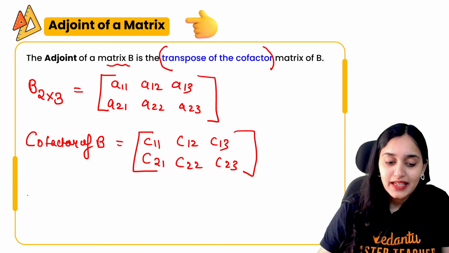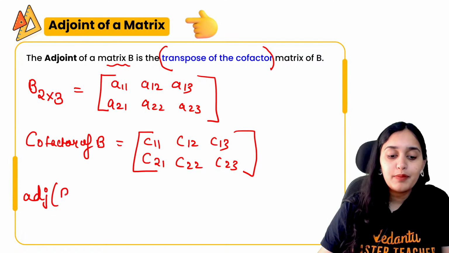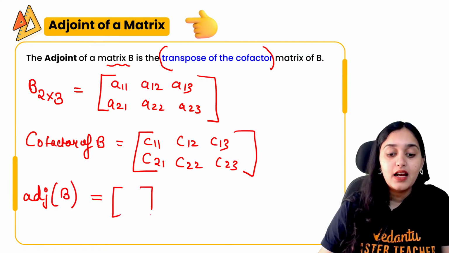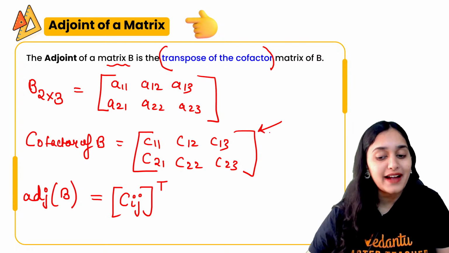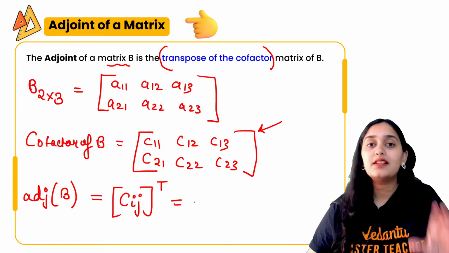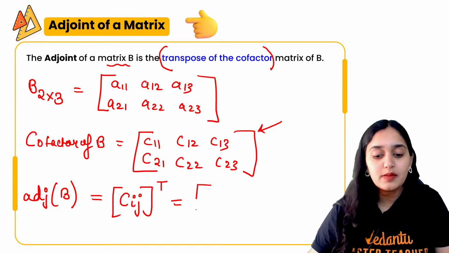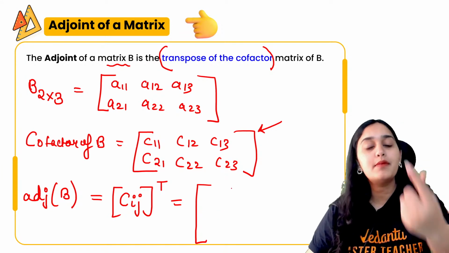Now, simply what is adjoint of B matrix? Adjoint of B matrix is transpose of cofactors. So you have cofactor matrix, just transpose it. Rows become column, column become row.